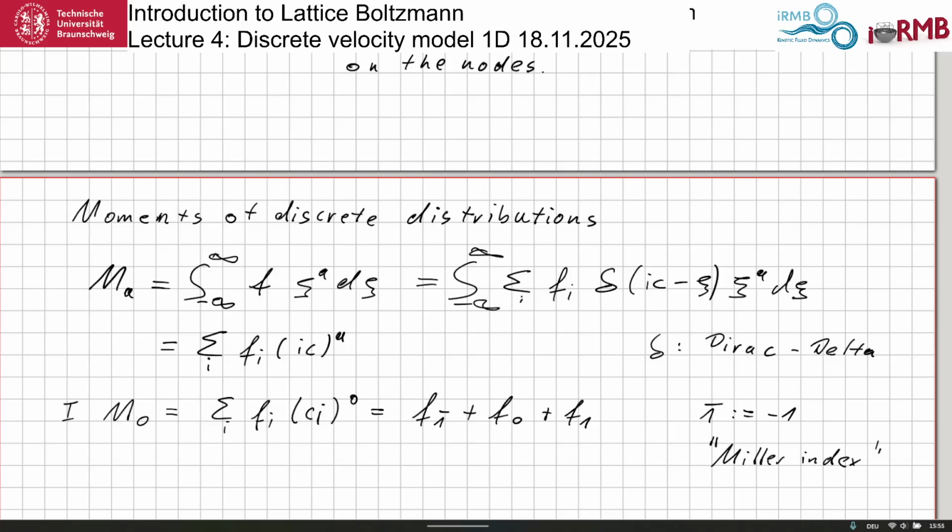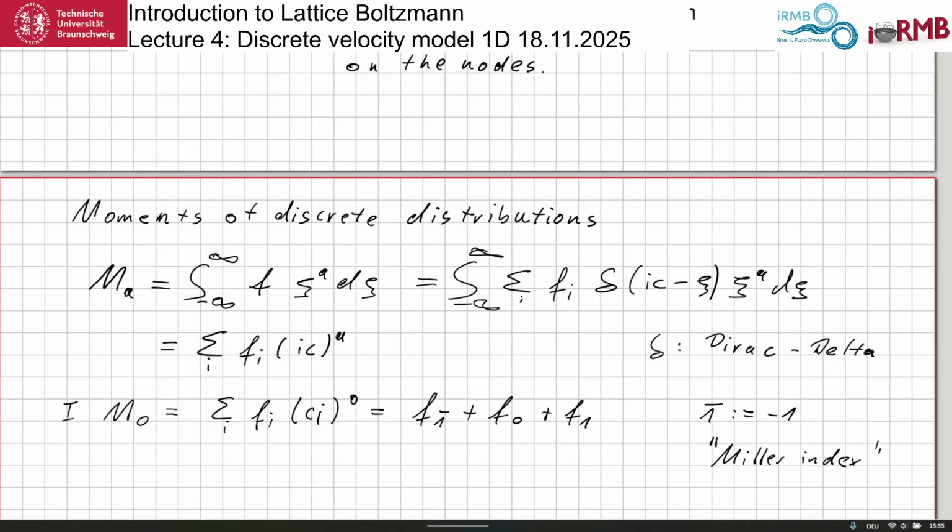So we study crystals, lattices, natural lattices, and in the 19th century, this Mr. Miller from the UK already found a useful and simple and unique way of describing lattices, crystal lattices.